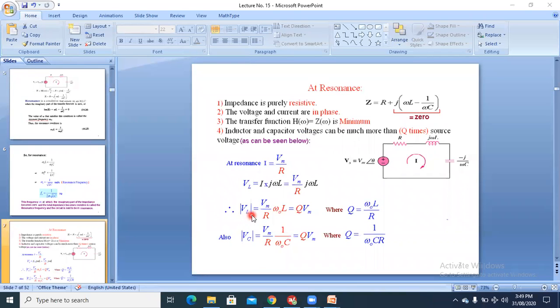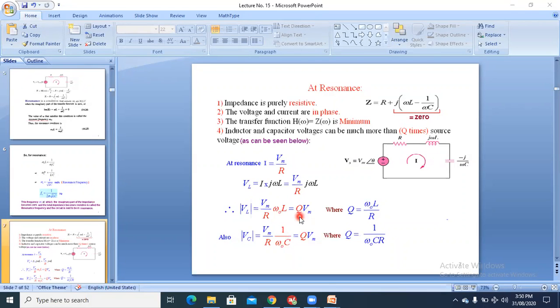The inductor voltage and capacitor voltage will be a factor of Q times the input voltage, Vm. So the capacitor voltage is Q times Vm, and this Q is in fact the quality factor.